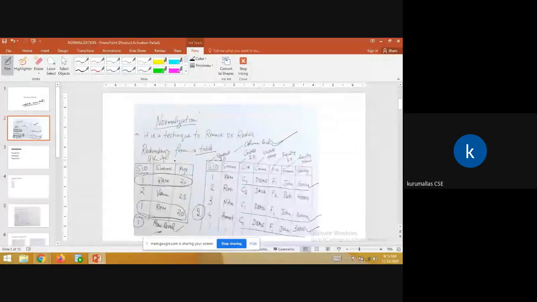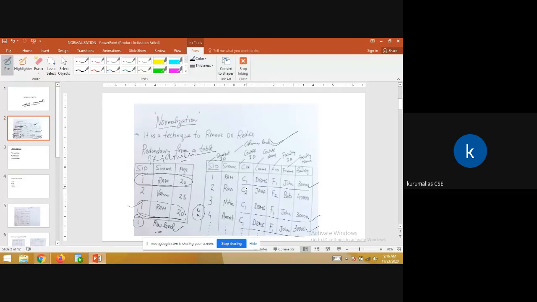Primary key means unique values, right? If you maintain a primary key, it will not allow the duplicate row 1, RAM, 20. The solution is primary key plus unique plus not null, and so on. If you maintain such constraints on these tables, we can reduce redundancy, right?